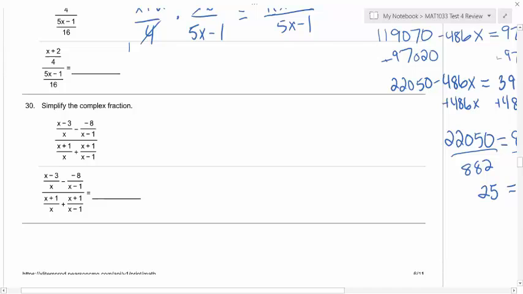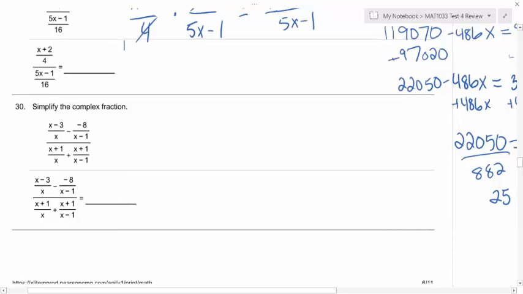So you want to look at all of your little fractions, which you have 4 of them, right? And look at their denominators and figure out what the LCD is. So you have x, x minus 1, x, and x minus 1. So what is your overall LCD for your 4 little denominators? It would be x times x minus 1.